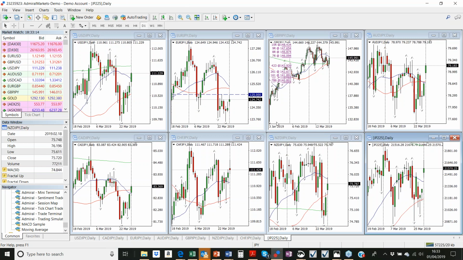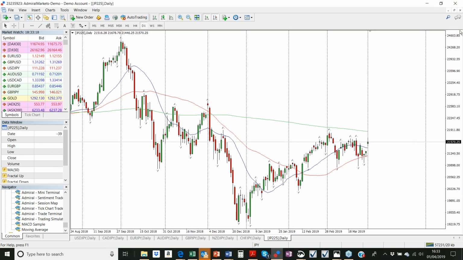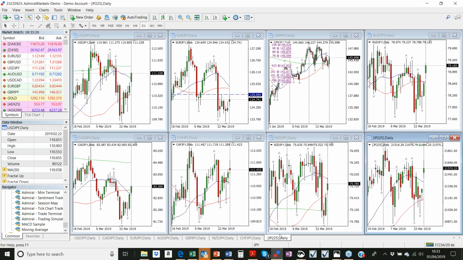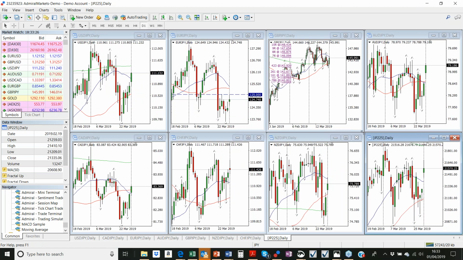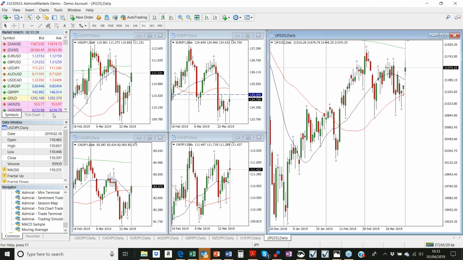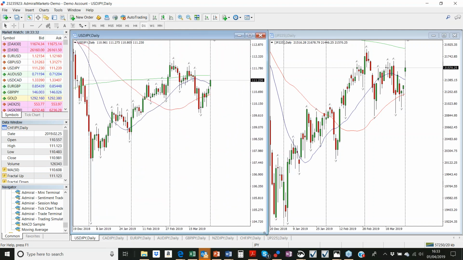What's interesting is that on the yen pair, we can have a look at the daily chart. That's the daily yen chart.